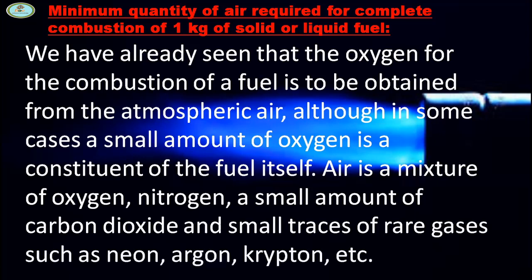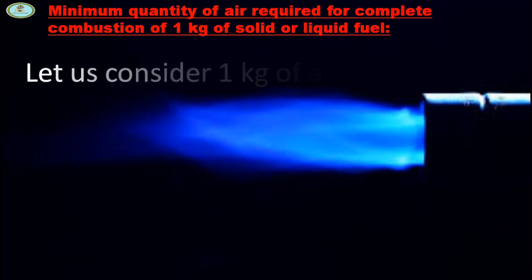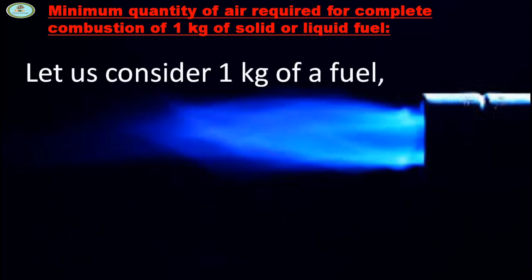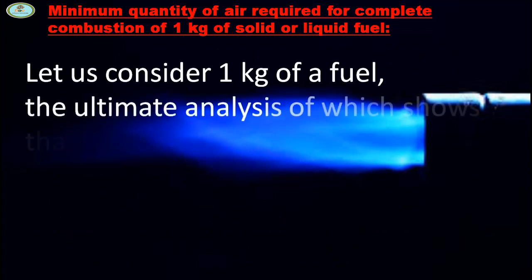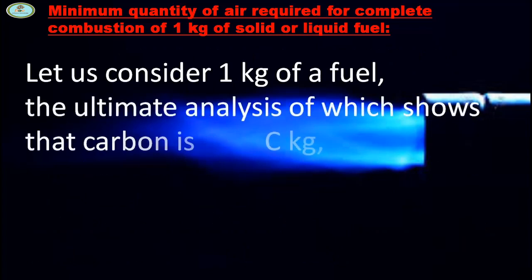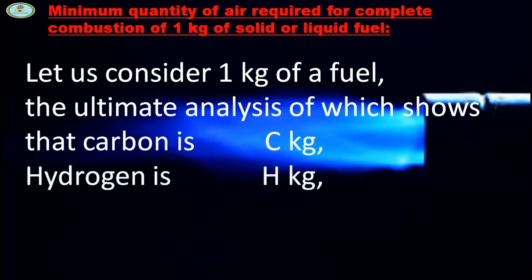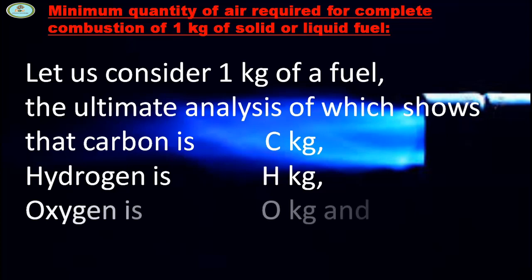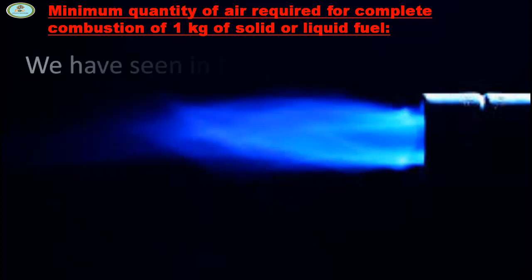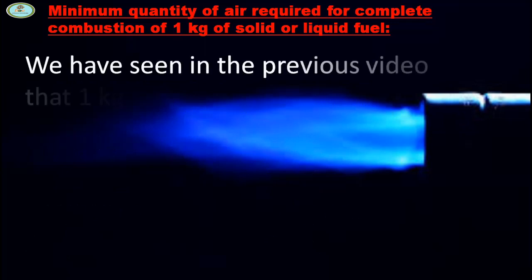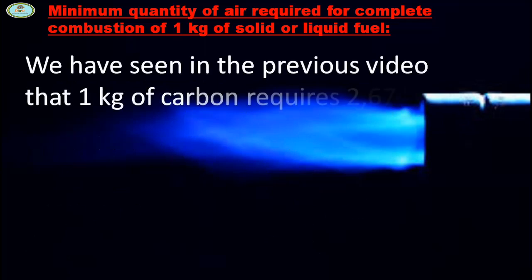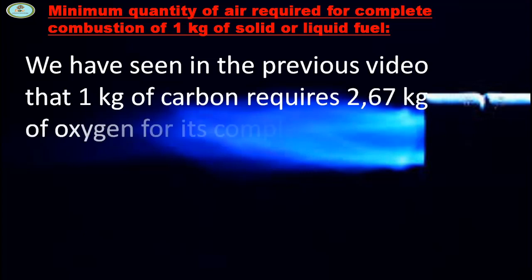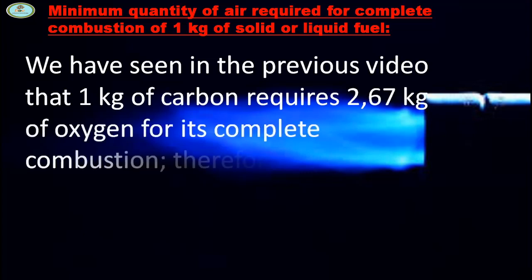krypton, etc. Let's consider 1 kg of a fuel, the ultimate analysis of which shows that carbon is C kg, hydrogen is H kg, oxygen is O kg, and sulfur is S kg. We have seen in the previous video that 1 kg of carbon requires 2.67 kg of oxygen for its complete combustion.